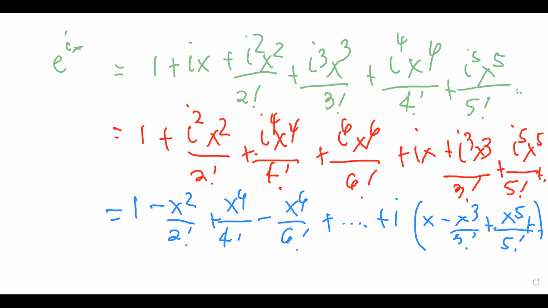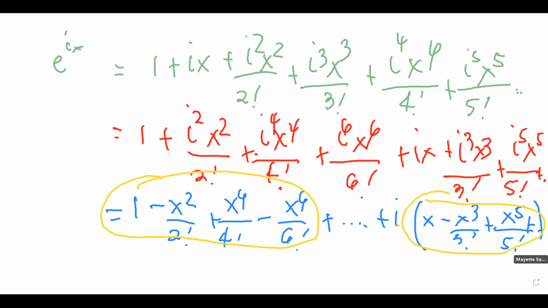Now this gives us the expanded form. Remember, this part here is the real part, correct? That's your real part. This one with the i, this is your imaginary part.